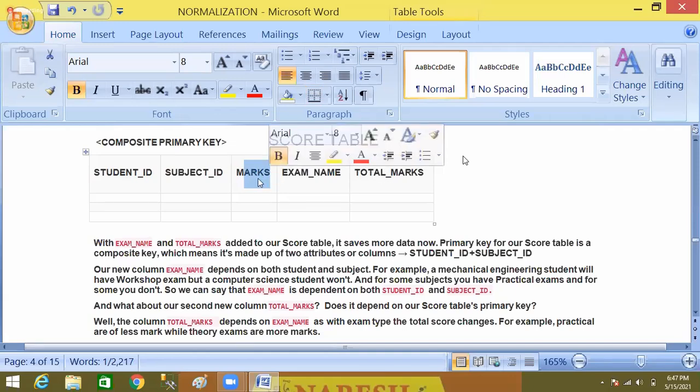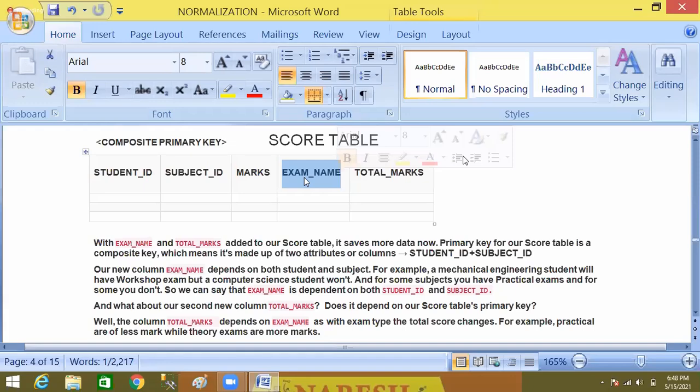Total marks never depends on marks. Total marks first depends on examination name, not marks. Total marks' first priority is examination.